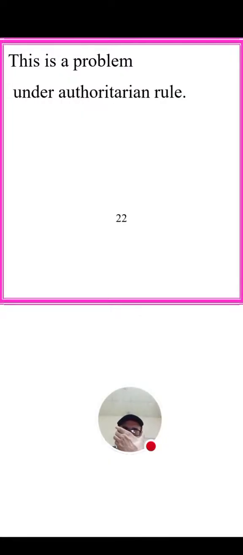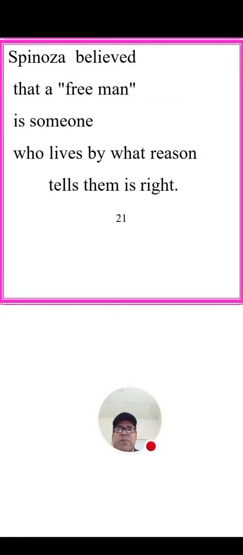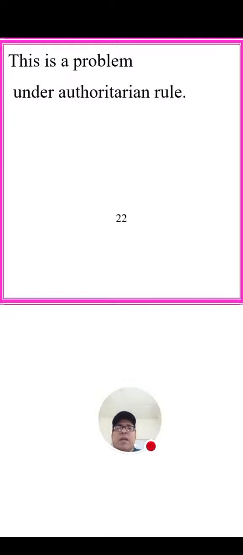So, we are discussing that Spinoza believed that a free man is someone who lives by what reason tells them is right. This is a problem under authoritarian rule, which is not democratic. People have many restrictions.